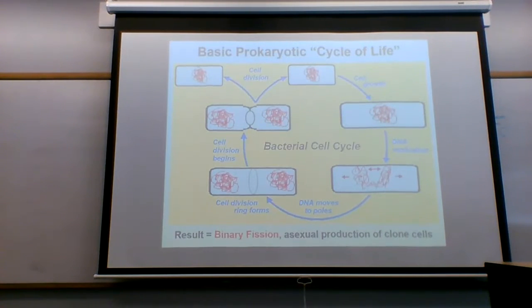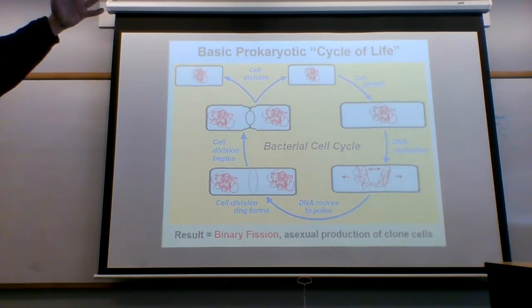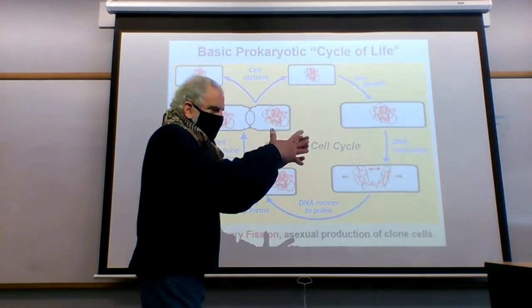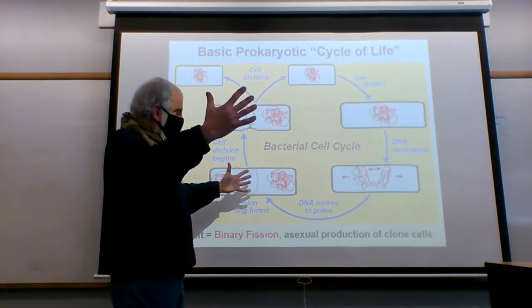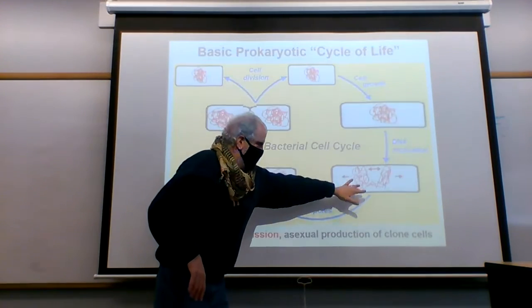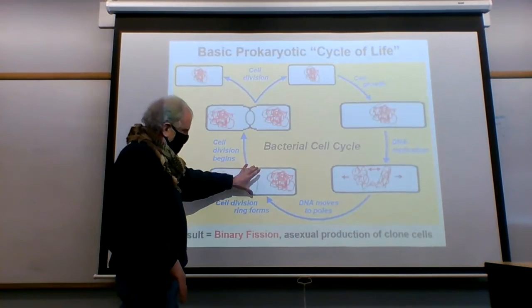In the case of bacteria, they've got a fairly straightforward cell cycle that is pretty much just the cells grow, they replicate DNA, the DNA is pushed to either side, and then you have the division of the cell.